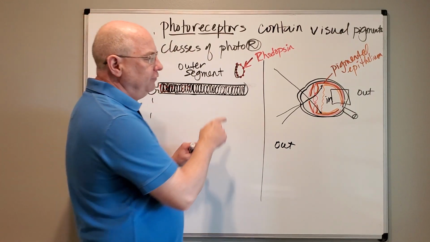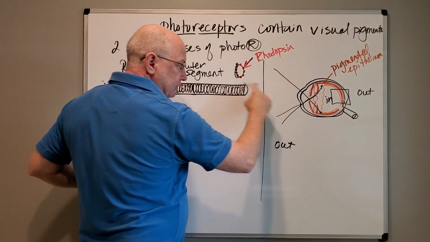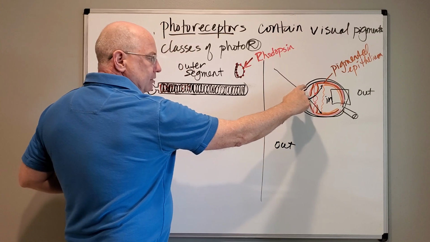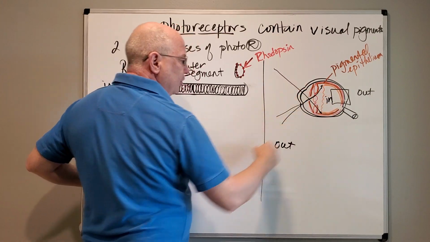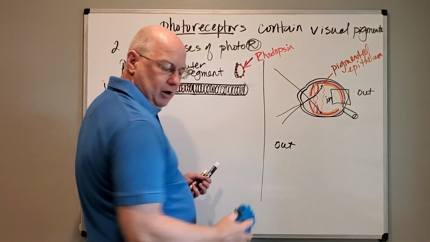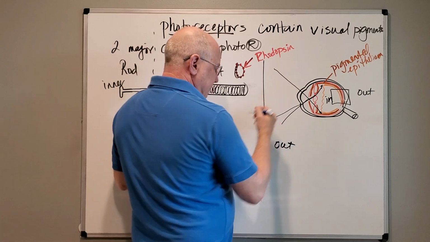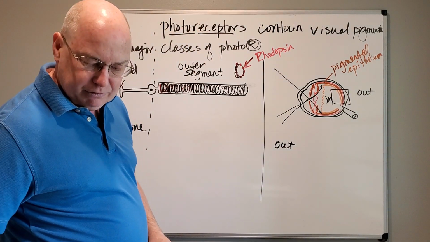Well, I don't want a photon of light that is outside the visible spectrum to bounce off the back wall, bounce off the back of the iris, and then slow down and then trigger vision. And there's a reason for that. I'm going to use a different color, okay? If I shot a photon of light in here, let's say it's ultraviolet light, I'm going to use purple.